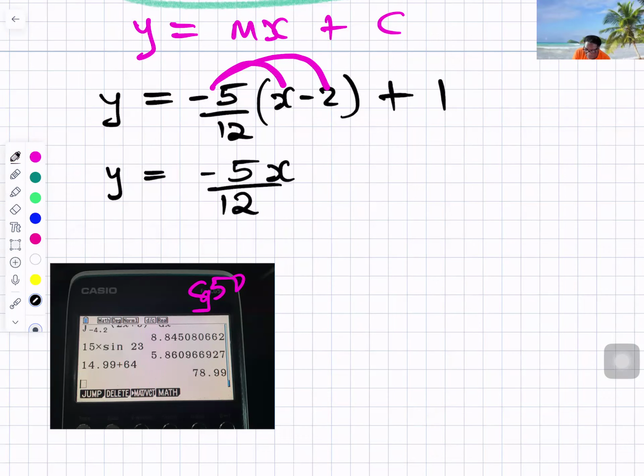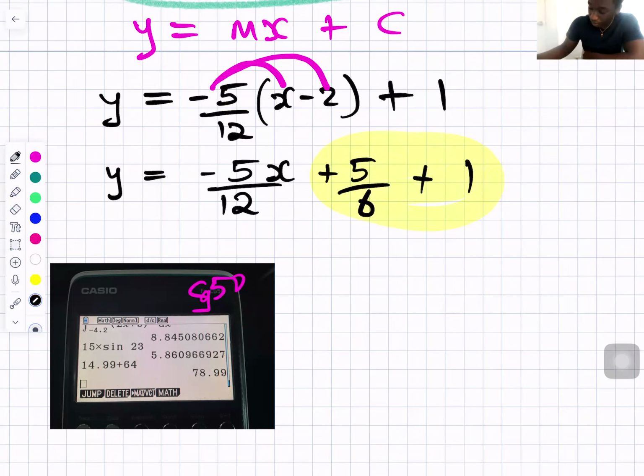Then minus 5 over 12 times minus 2, so plus 5 over 6, and then plus 1. And then you add those two together. 5 over 6 plus 1.